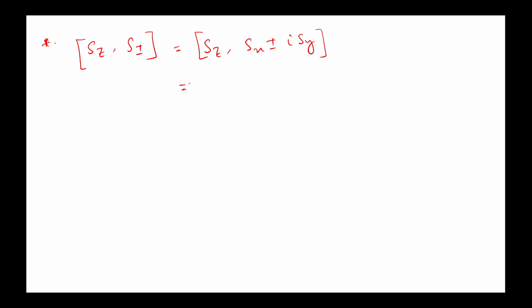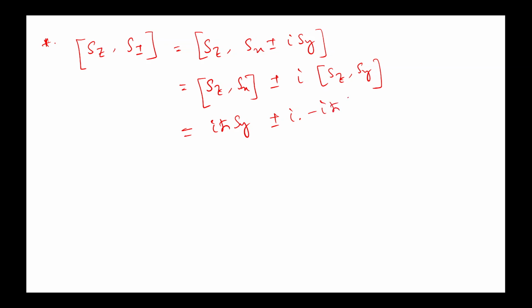So now you can write this as Sz Sx plus minus i Sz Sy, and this Sz Sx is basically i h cross Sy, and you have plus minus i, and this is minus i h cross Sx.